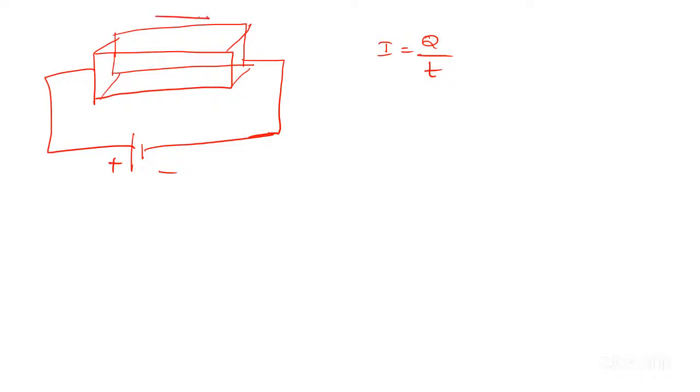The electric field will be in this direction and the flow of electrons will be opposite to the direction of the electric field. Let's take the length of this conductor as L and the width as W, and let's take a small volume of thickness dx.